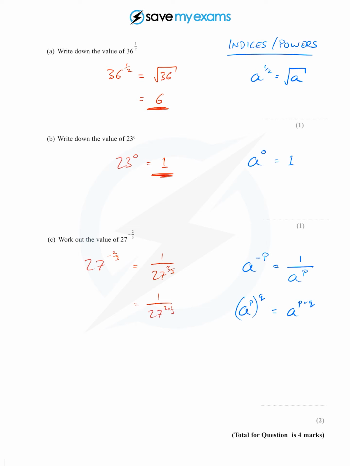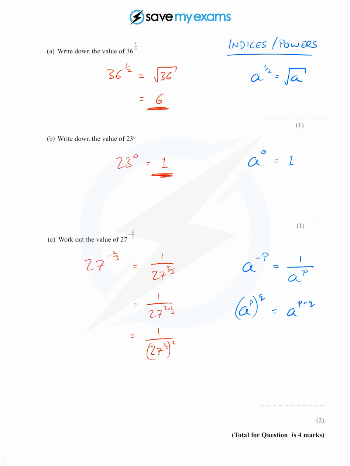And if I do that, you can see then that if I call the 2 p and the 3rd q, what I've got here is 1 over 27 to the power of 1/3 squared. I think I've actually written p and q the other way around, but that doesn't matter. The reason I've done that is because it's going to make it slightly easier in the next step.